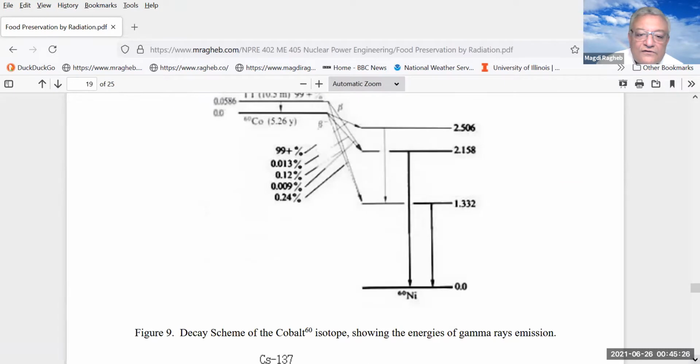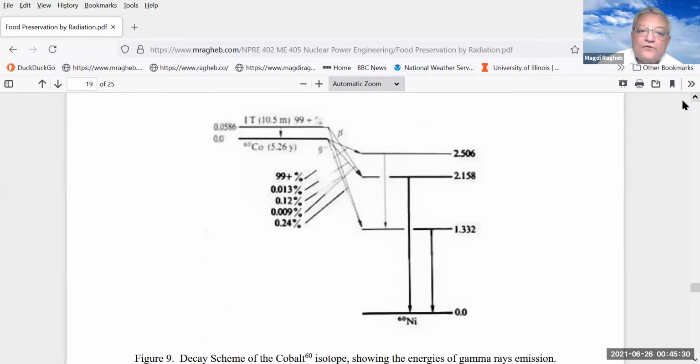Remember that this is the decay graph for the cobalt-60 isotope. If you go to the chart of nuclides, you can obtain it. You'll find that cobalt-60 has a half-life of 5.26 years. It emits a beta particle that goes to the excited state of the isotope nickel-60.